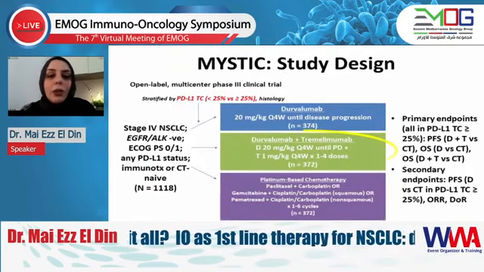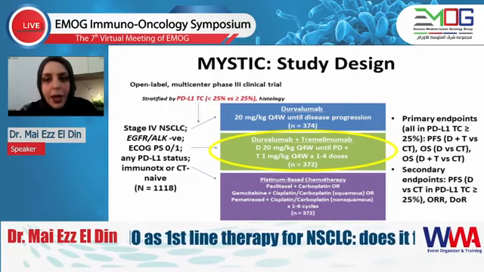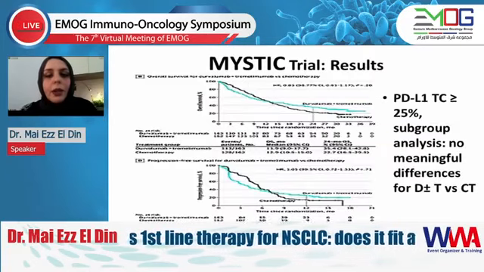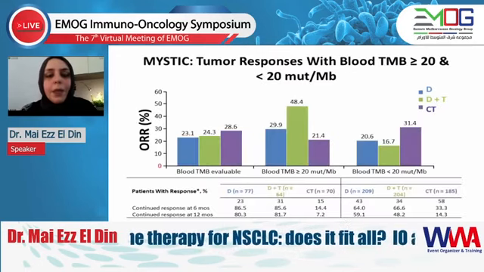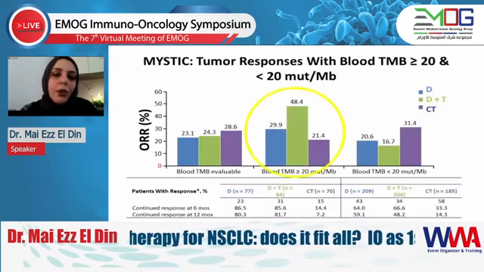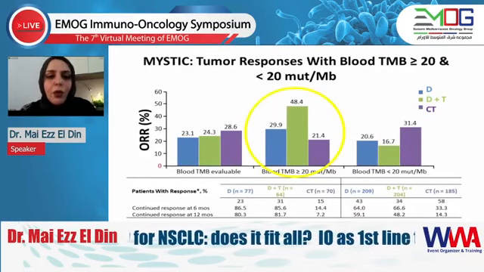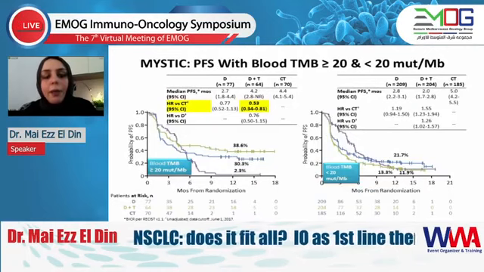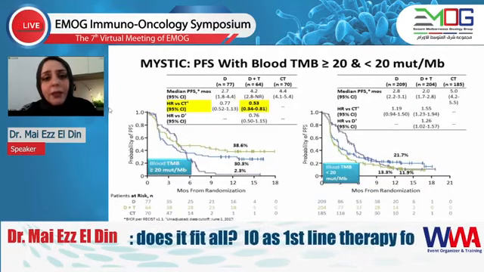Now, coming to the MYSTIC study, this is another duet, durvalumab and tremelimumab, and unfortunately, again, no signal here for the duet versus chemotherapy. We try to reason again with the point I made earlier about tumor mutational burden. There seemed to be a higher response rate here. It was found in progression-free survival, yes, here.